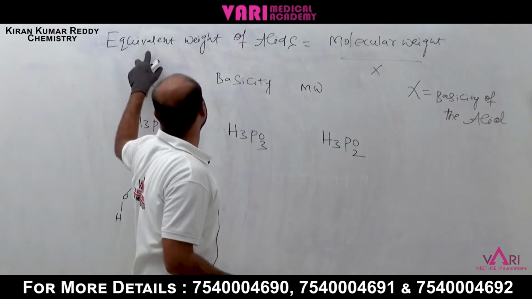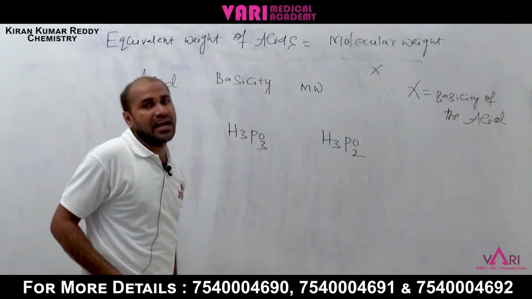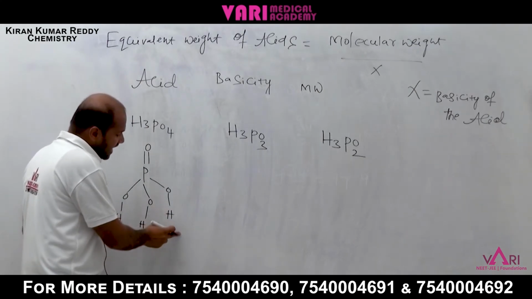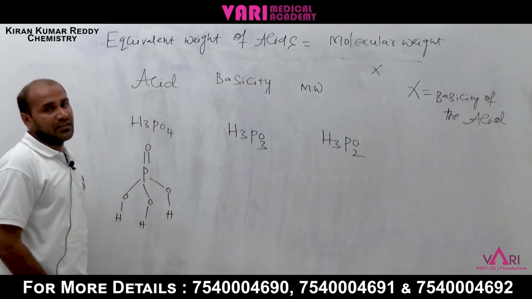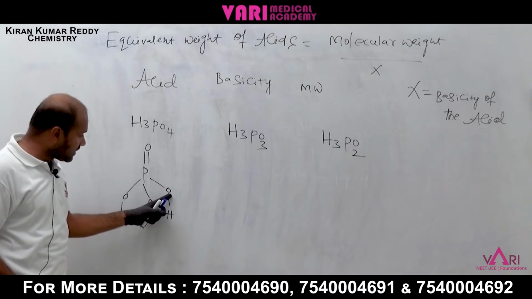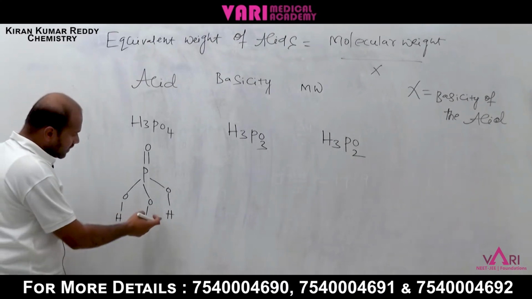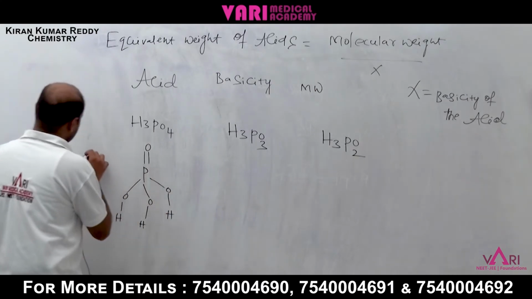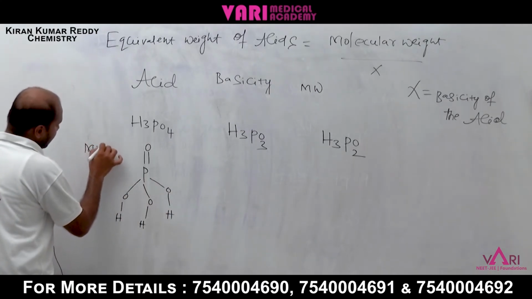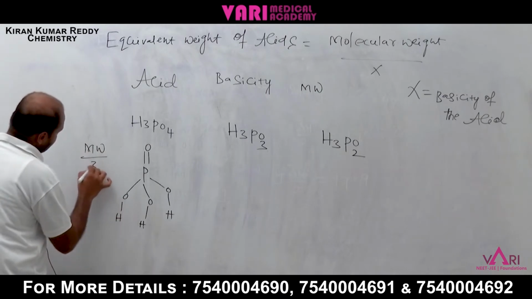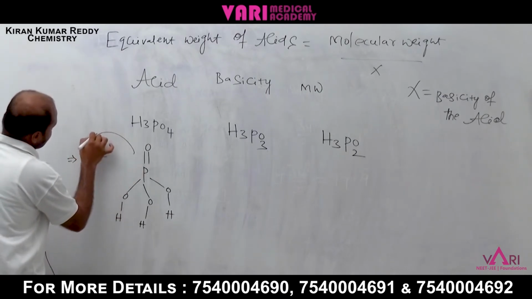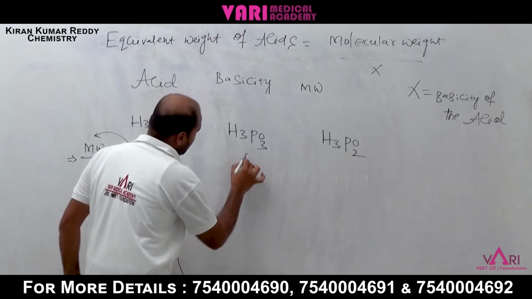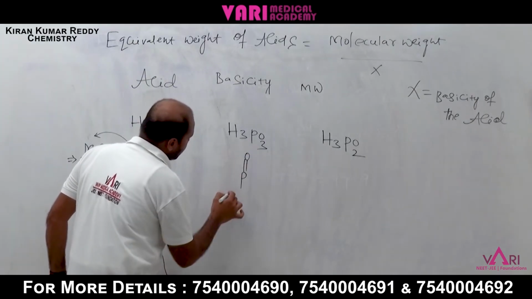How to calculate the equivalent weight of the acid? It depends on the number of hydrogens joined with oxygen, here number of hydrogens 1, 2, 3. That's why for the first structure it is molecular weight by 3. If you take this one, P double bond O, how many hydrogens are there?